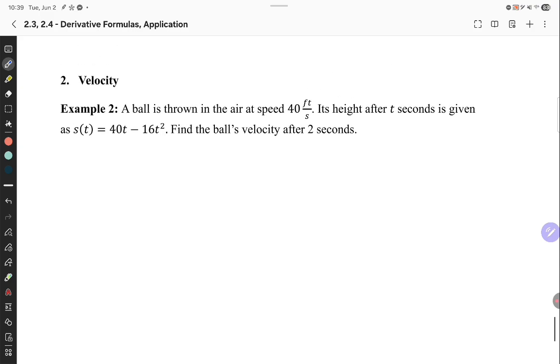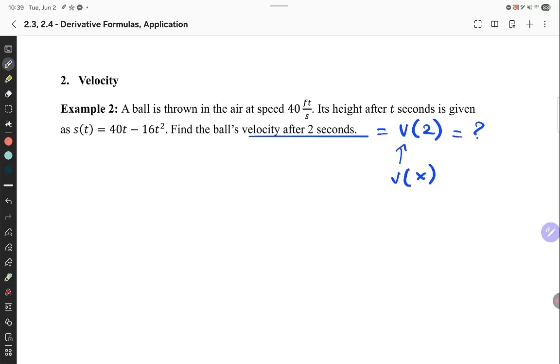All right. Find the ball's velocity after 2 seconds. That means v sub 2 is the question. In order to find v sub 2, you need to find v sub x.